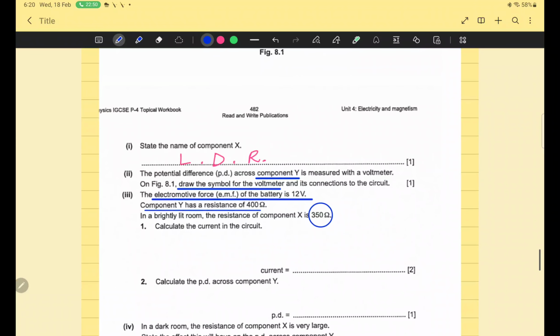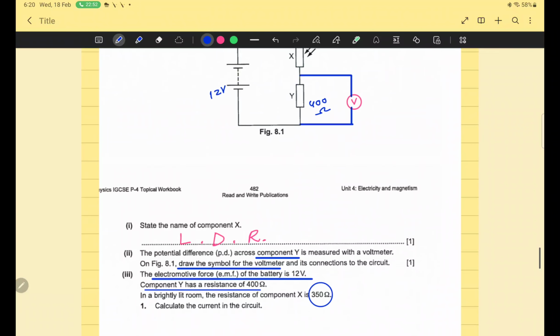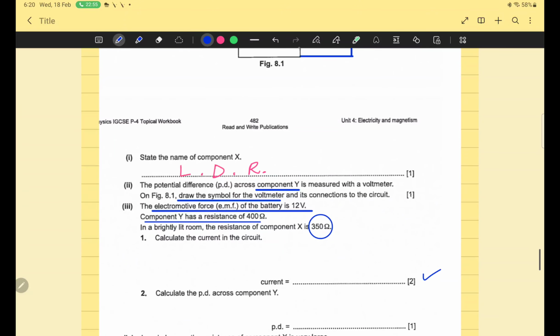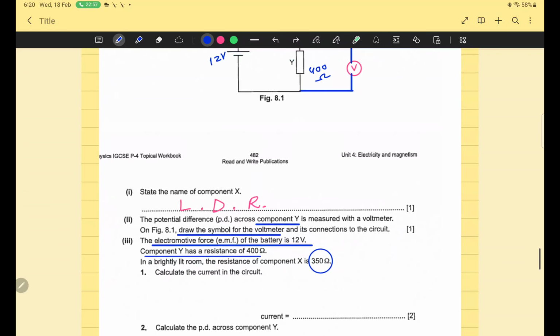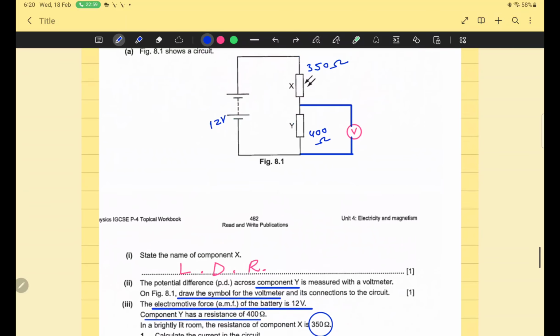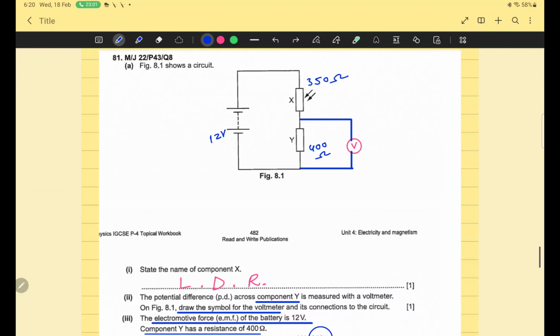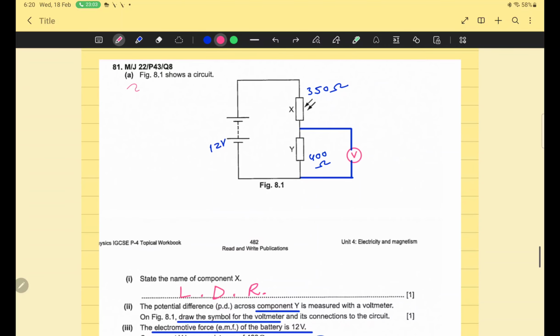And now they are asking to calculate the current in the circuit. This is a 2 mark question, and they are asking for the total current of the circuit. Total current will be found using V equal to IR. Total voltage is 12, and total current we are calculating. And what is the total resistance?